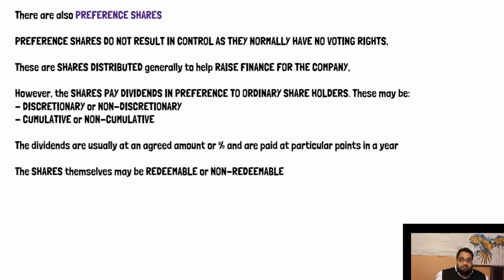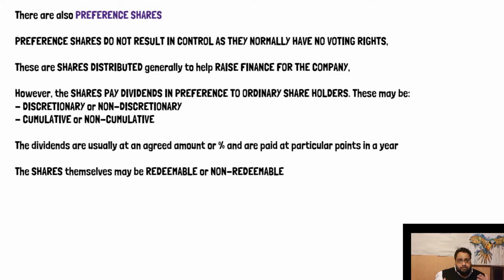Preference shares have no voting rights attached to them, so there's no control that a preference shareholder has over the company itself. However, what they do is give the holder a right to a dividend ahead of any ordinary shareholders. So they are preferred to any ordinary shareholders in receiving dividends.